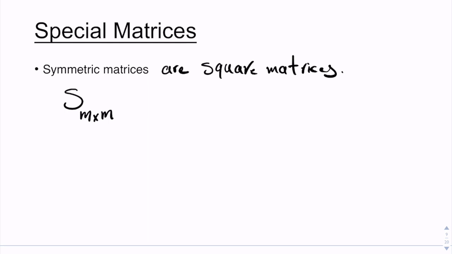Then if the elements of this matrix are S, i, j, we know that Sij should be equal to Sji.